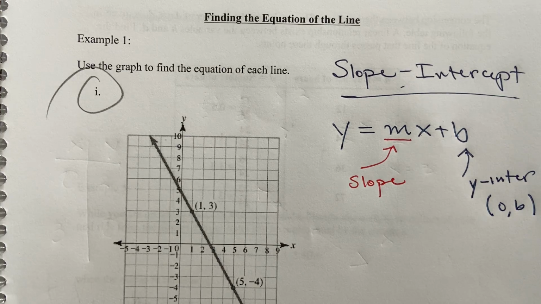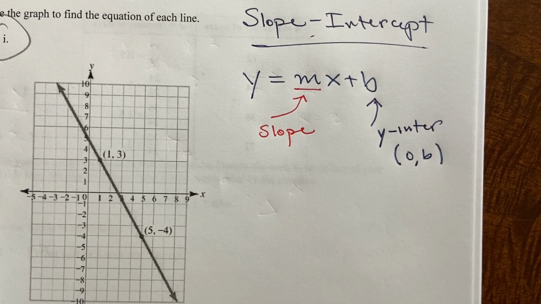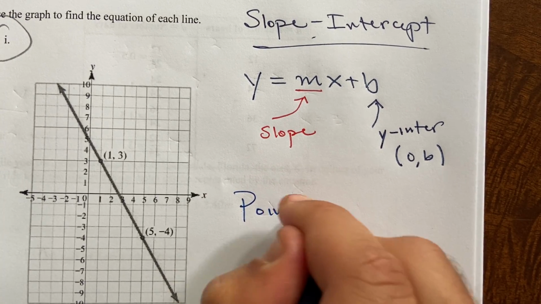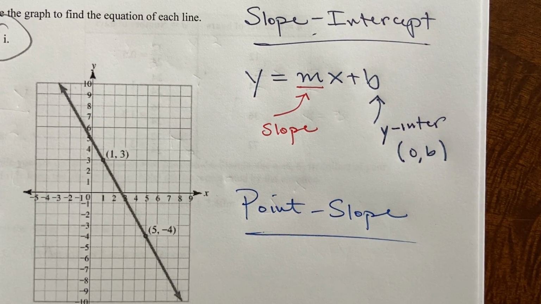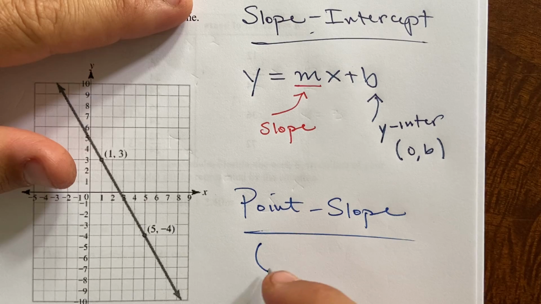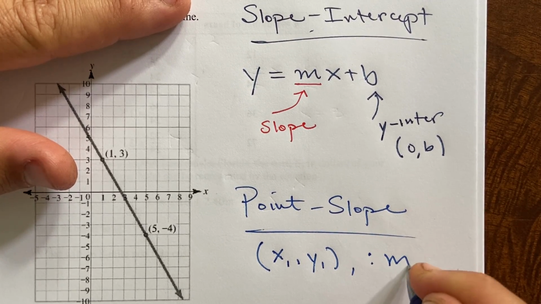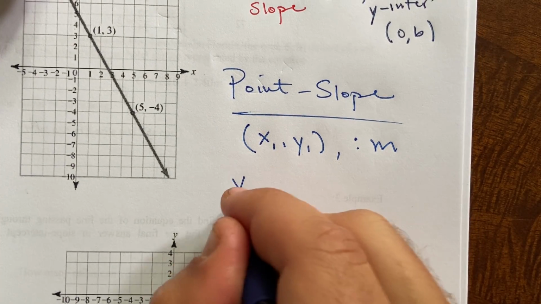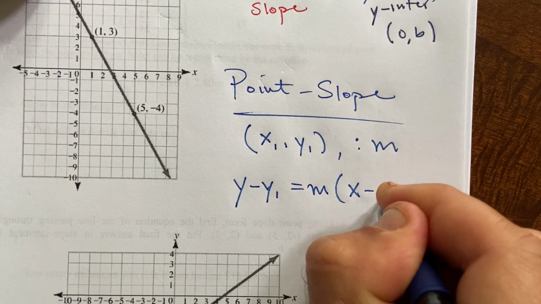There's also point-slope. It's not as widely used throughout this course, but it's there. That's if you have a point and a slope. So if you have a point (x1, y1) and a slope m, then you can write the equation as y minus y1 equals m times x minus x1.